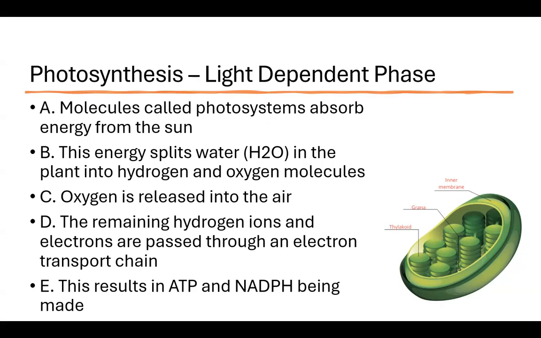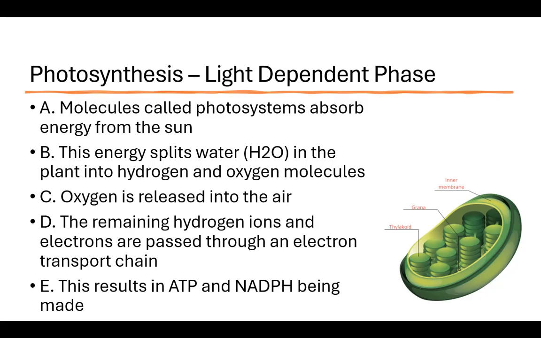Well, it stands for nicotinamide adenine dinucleotide phosphate hydrogen. So a real mouthful. This molecule plays a crucial role in some of the chemical reactions that take place during photosynthesis.